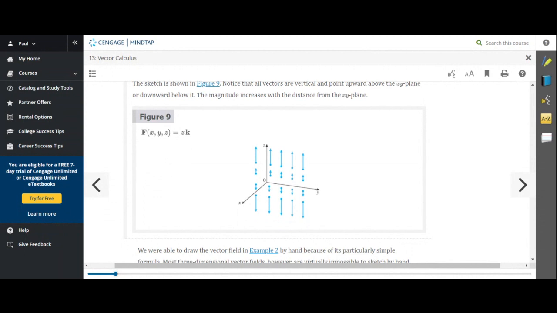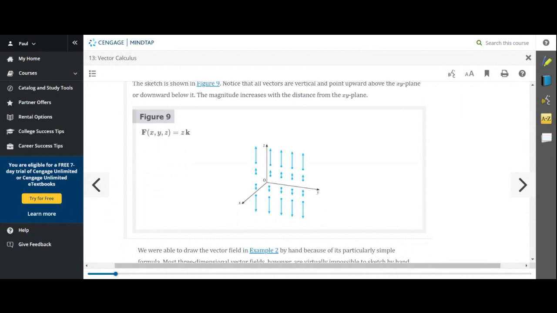Why would that be in figure 9? Well, also the vectors are vertical vectors because the i and j components are 0. And definitely as you move away from the xy plane, that's right, Ryan, z increases as you move away from the xy plane in the vertical direction. So the vectors should increase as well.